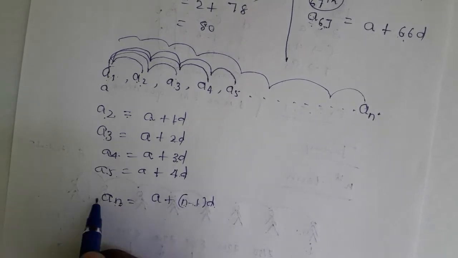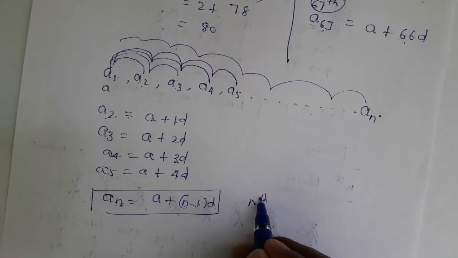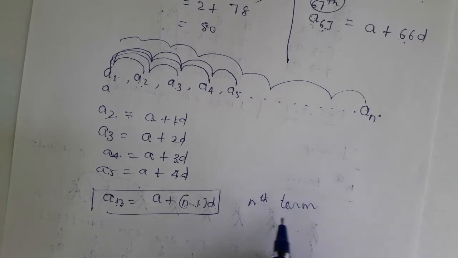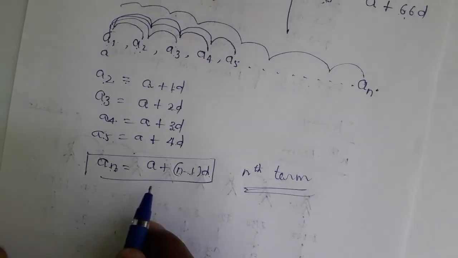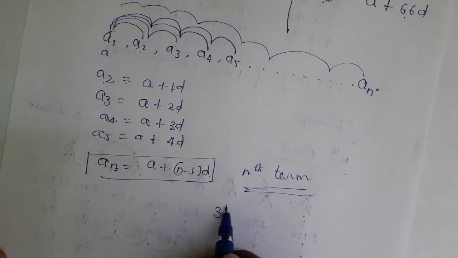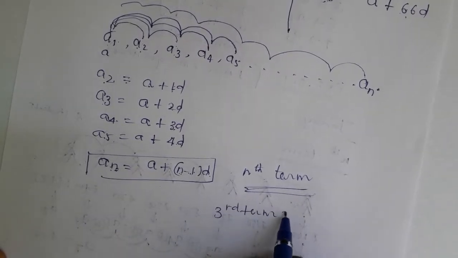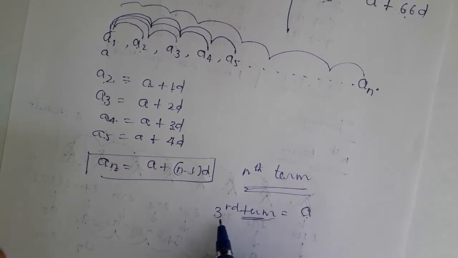So finally this is what is called the formula of the nth term. In this way you can derive the formula of the nth term. What is the derivation of the nth term? Look at the third term. Term means A, and third we write here.